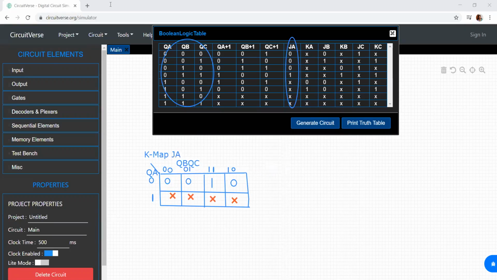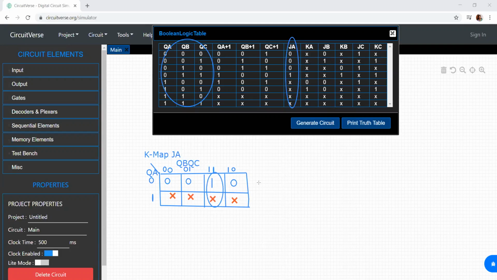Okay. Now, how can we solve the K map? First, we have to check whether we are having an octet. Do we have an octet over here? We don't have an octet. So next, we have to check whether we are having a quad. Do we have a quad over here? We don't have a quad. So next thing what I have is a pair. I have one pair over here.